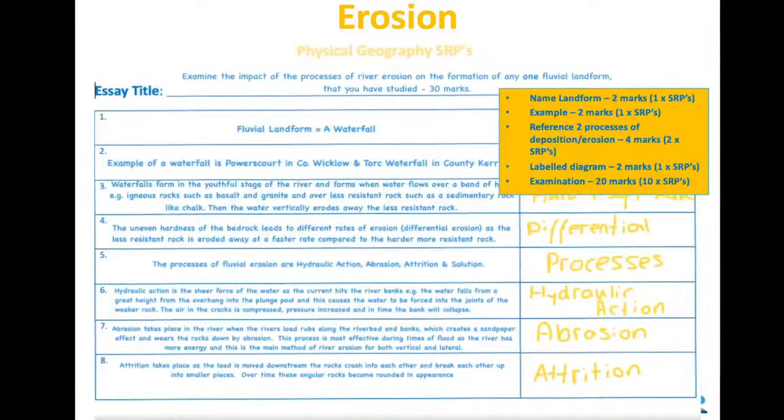That's 10 marks, 10 out of 30, and you've probably written about 10 words. Okay, and you've got 10 marks, 5 SRPs, and then you're going to go and explain and get the remaining 20 marks, 10 SRPs. So it's so critical. If you don't give examples and you don't mention the processes straight away, you're going to find it really difficult to get 15 SRPs, and it's going to take an enormous amount of information that you'd have to write to get that.